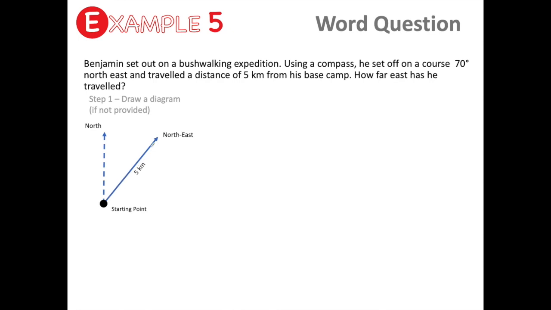We also know that Ben was northeast by 70 degrees. So we can add in 70 degrees northeast. Between the north and the northeast line is going to equal 70 degrees. And then I can add in another line to form a right angled triangle. What I'm trying to find out is the value of this line, which I'm going to call X. How far east has Ben traveled?